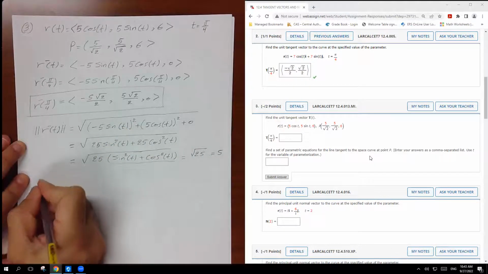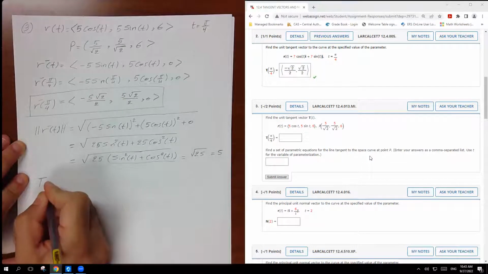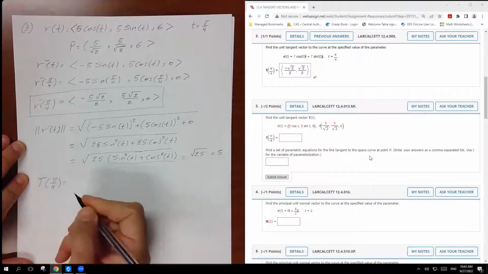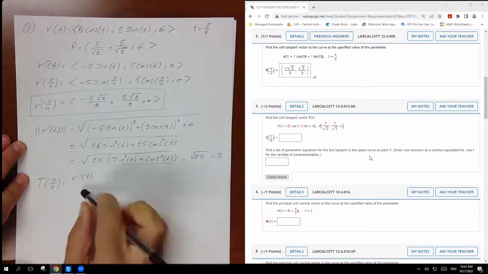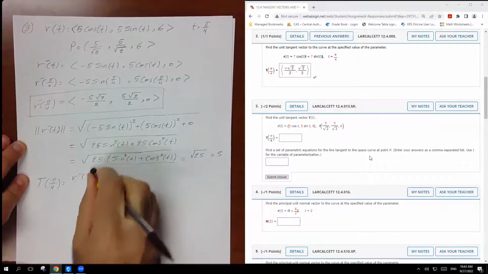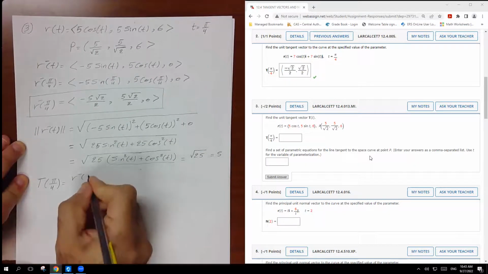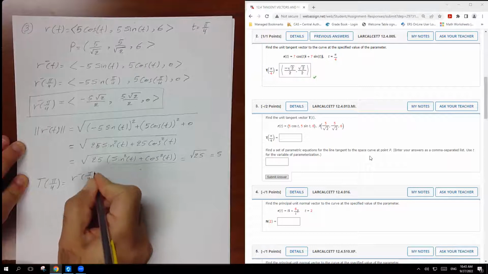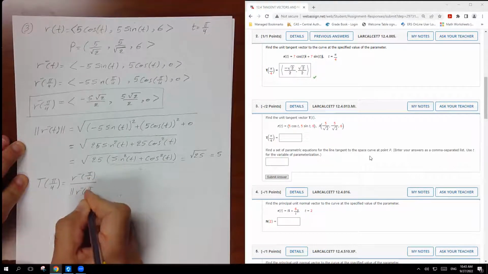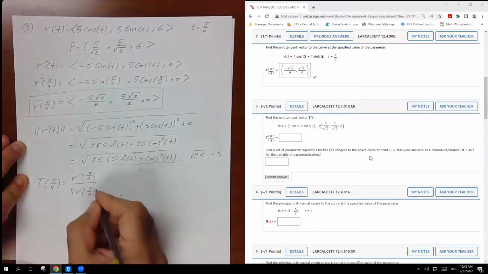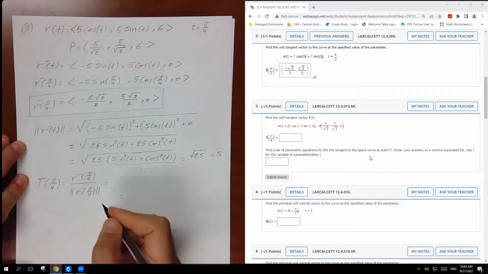So now the unit tangent vector at pi over 4 is going to be the derivative of r at pi over 4, divided by the length of the derivative with respect to t.